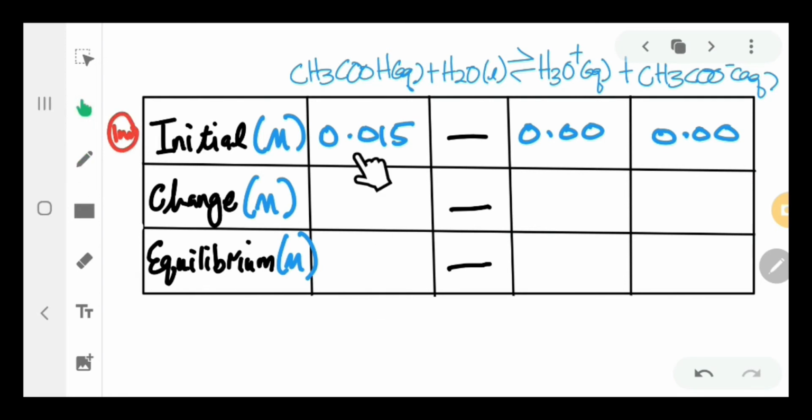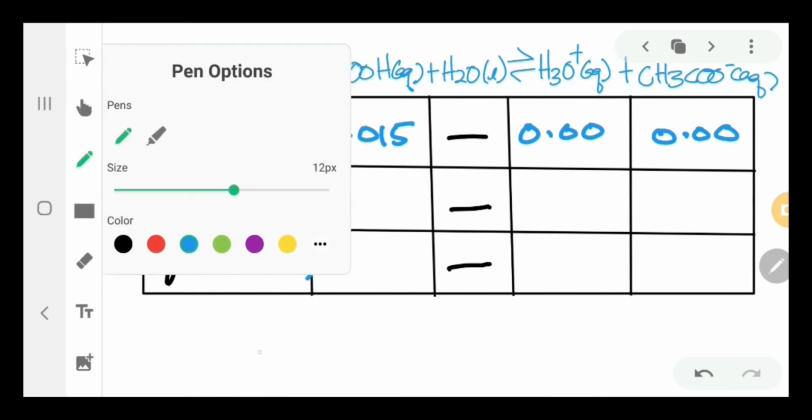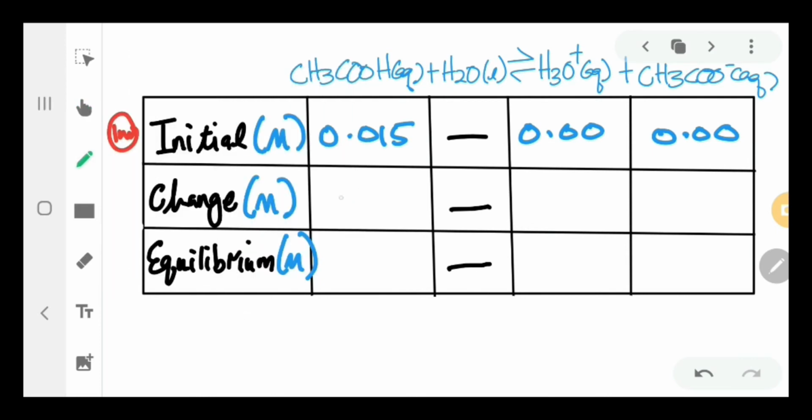And what about the change? Remember, this is 1 mole, so you have negative X, because this is your reactant. The reactant will be decreasing in concentration, hence the negative sign in front of your X. And this one is plus X, and this one is plus X as well.